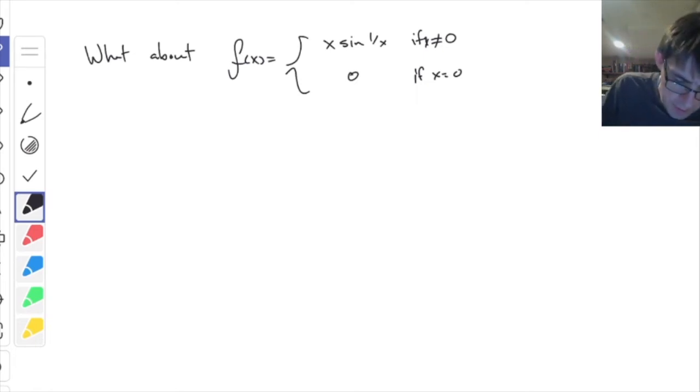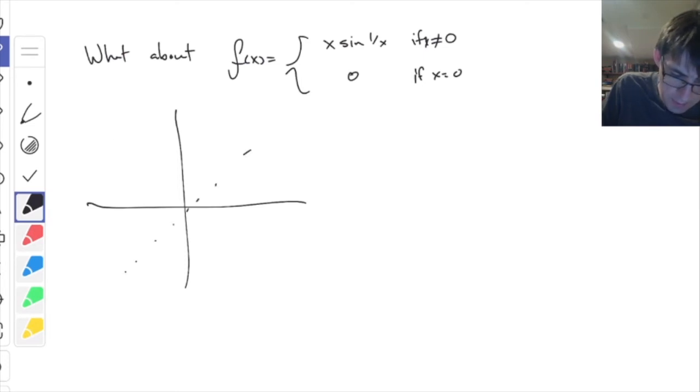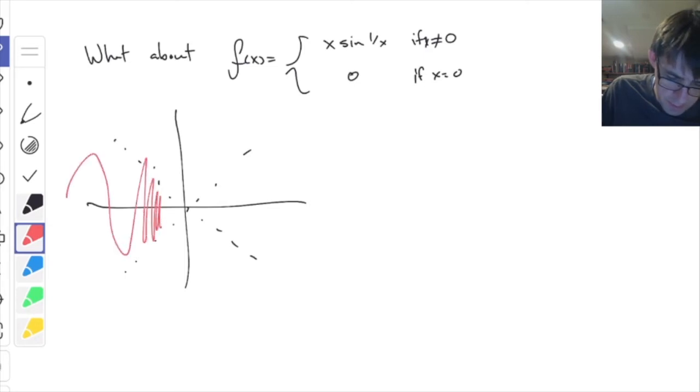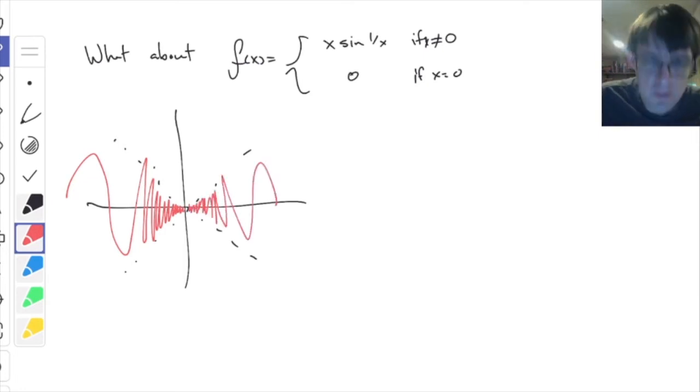What this looks like on a graph is, remember this is the one that has sort of asymptotes like that, and then the graph of it does this. My kid likes the looks of this one.